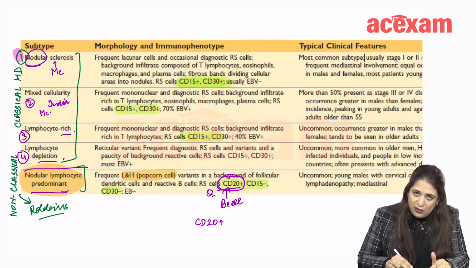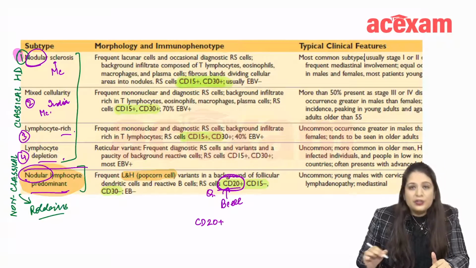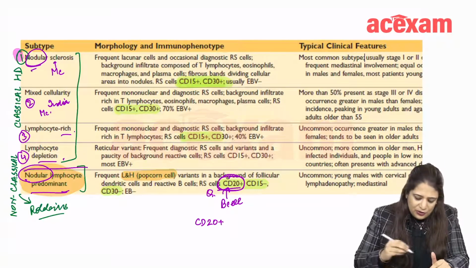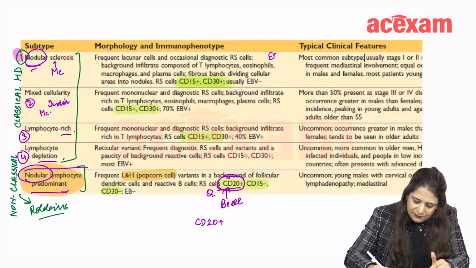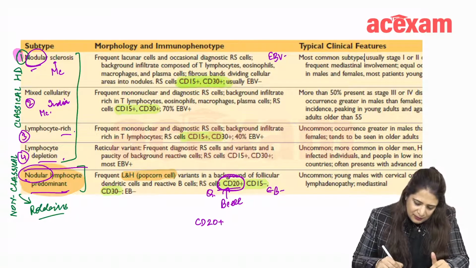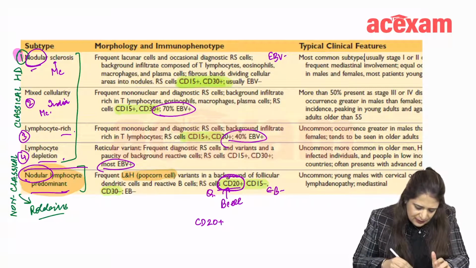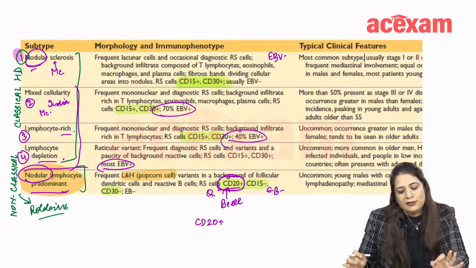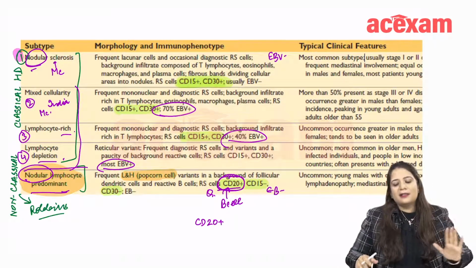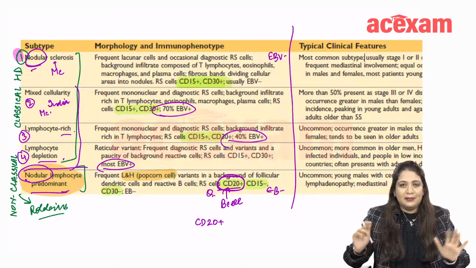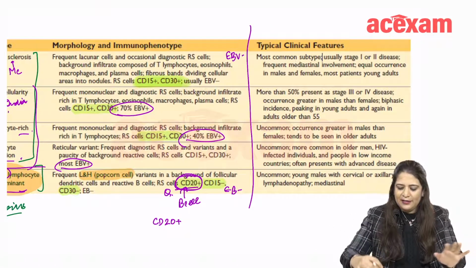The nodular sclerosis and nodular lymphocyte predominant. So these two are actually EBV negative, but the rest have good EBV association. Percentages, it is okay if you can't remember, right? But these three have EBV positivity.